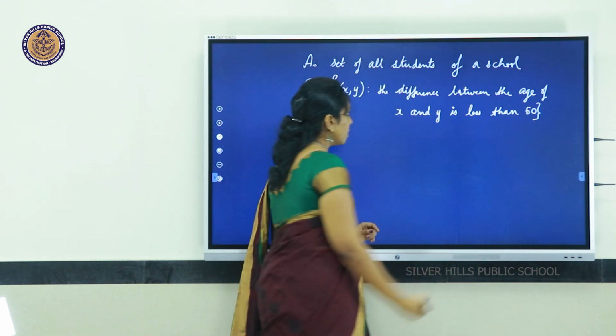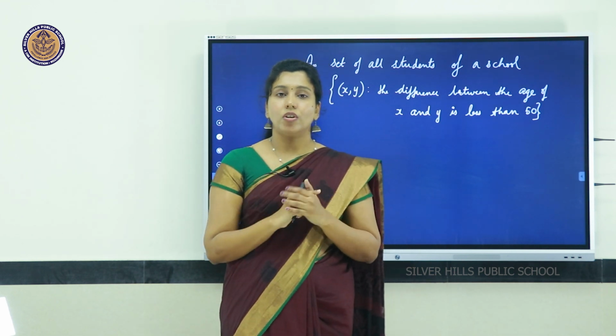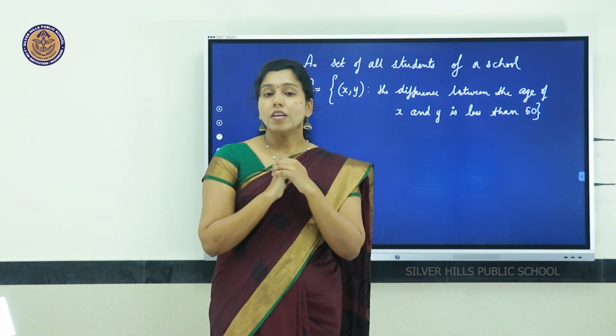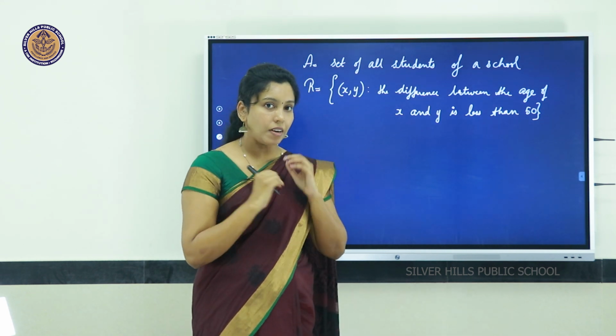So what is my relation? If I take a pair, the difference between the ages of those two students should be less than 50. That is the relation.